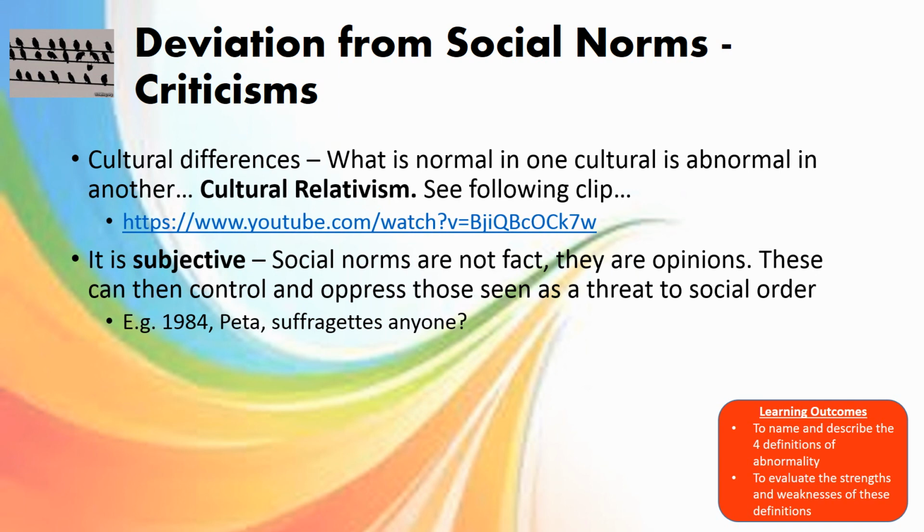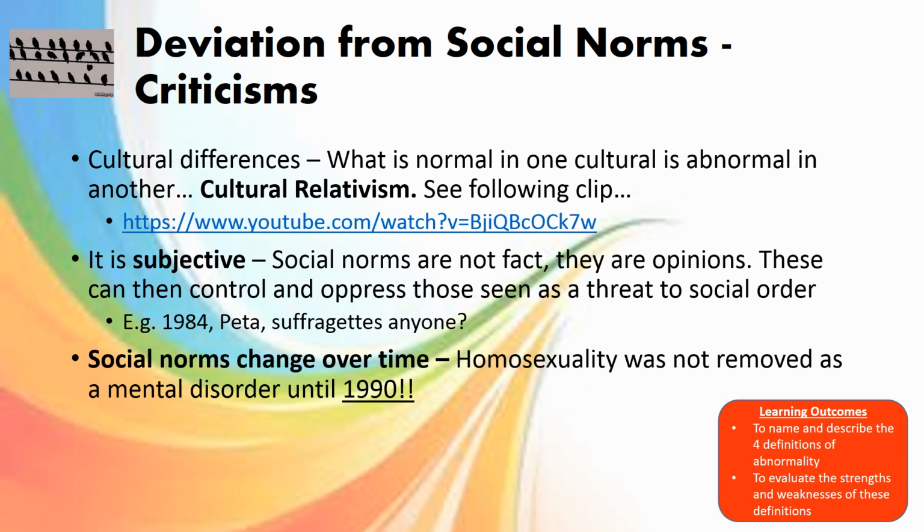They change throughout society, they change throughout history, and if that is the commonly held view, they can actually be used to control and suppress people who are seen as a threat. So 1984, as the book and the film, obviously, Peter, suffragettes, those sorts of things. Social norms can be used to oppress people, which isn't quite so great.